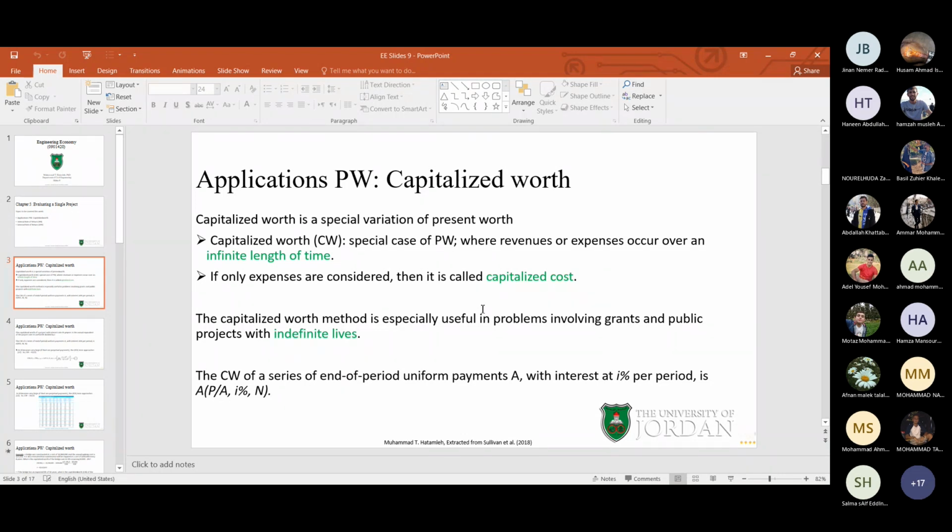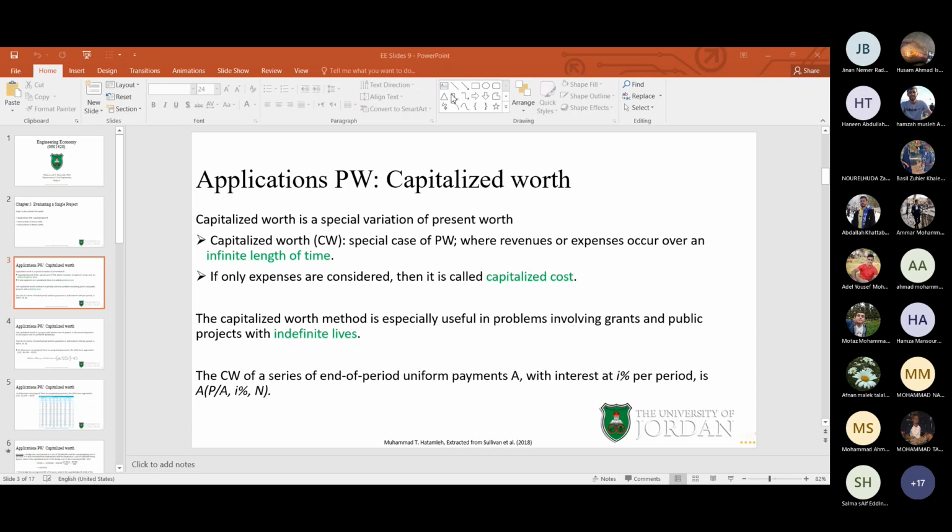Now, if only expenses are considered, it would be called a capitalized cost, which makes some sense. Now, the capitalized worth method is especially useful in a problem involving grants and public projects with indefinite lives. على سبيل المثال إذا أمانة عمان عملت جسر جديد in عمان, they're going to keep paying for its maintenance.